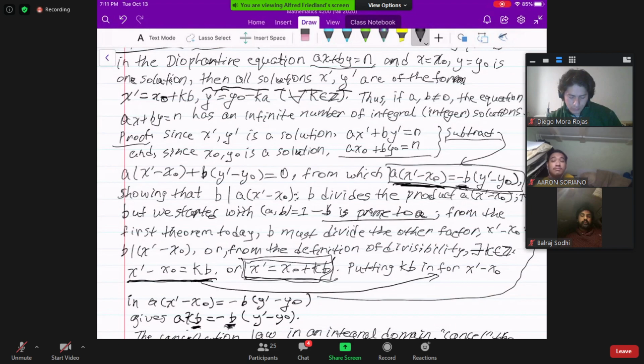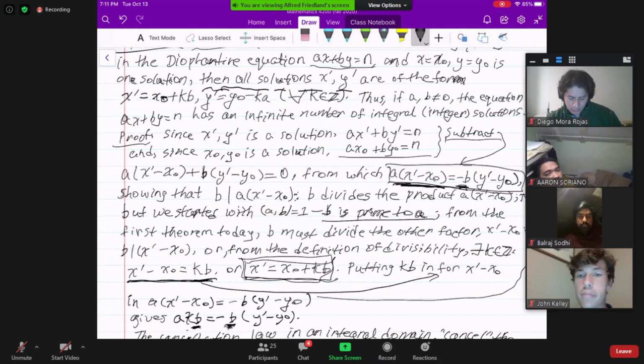We started with the ordered pair a, b equals 1. Is that 1 minus b is prime to a, or are we saying that as the hyphen, b is prime to a? Yeah, I guess that's bad. It's a hyphen, or actually a dash. You hyphenate a word, but when you're separating words, you use a longer line called a dash.